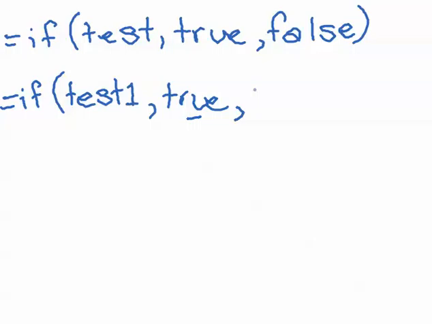But I've got my first test and my first true. But if the test is false, that it's not true, it only looks in the false position when it is false. So I can put another if in there, kind of like saying, but if. So if test 1 is true, then, but if test 2, and then I've got my true number 2.